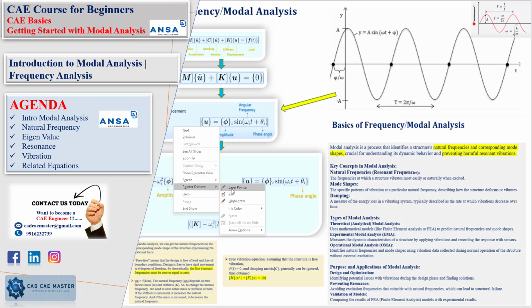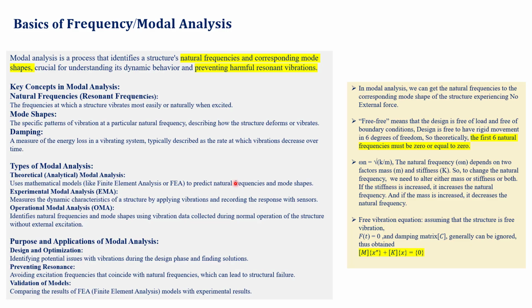Let me just activate the pointer, guys. So this is all about the basics. I'll simply go through it, and please try to grab whatever the important points are here. Very crucial points are here. When it comes to modal analysis, this is the process which identifies a structure's natural frequencies and the corresponding modes.